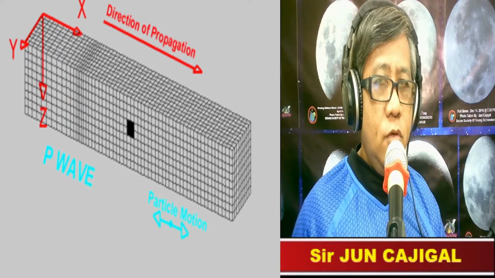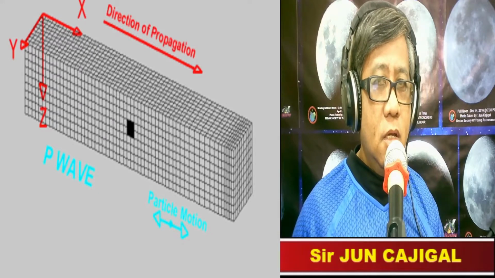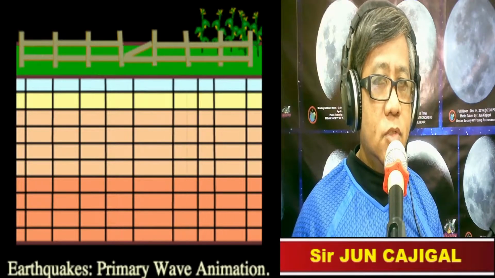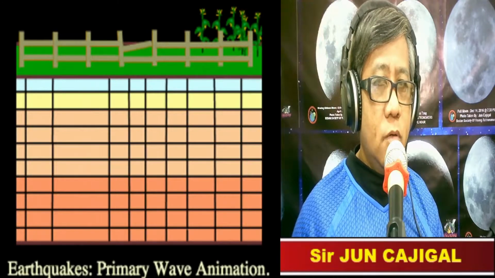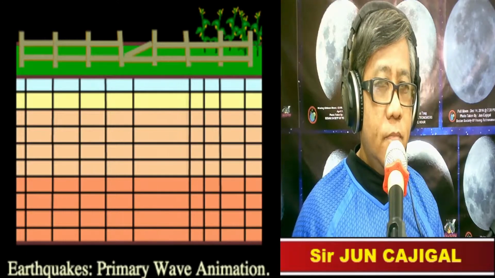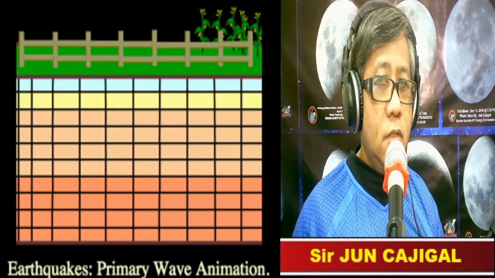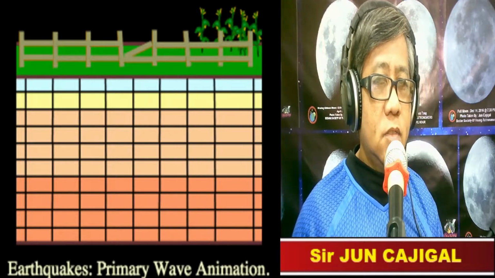Now, to help you visualize what the P wave is, let's take a look at this animated illustration. The P wave is also known as the primary wave. Primary because, being the fastest, the P wave is the first to be detected or the first to arrive at a seismic station.